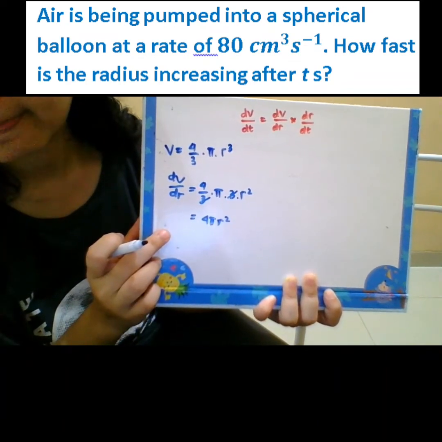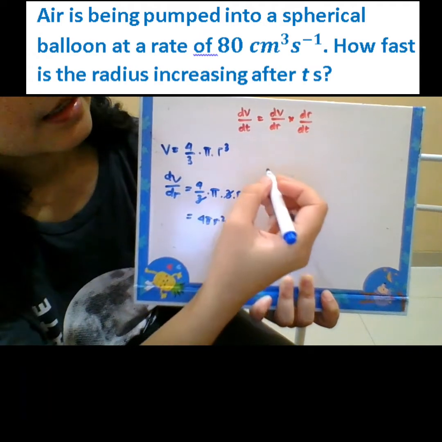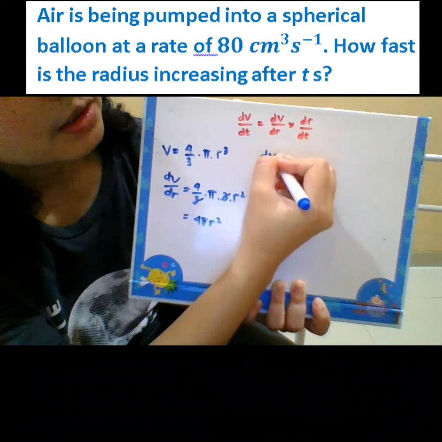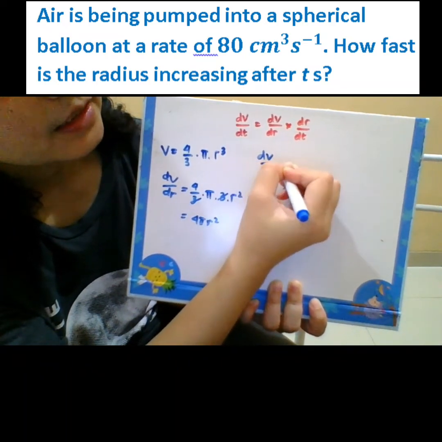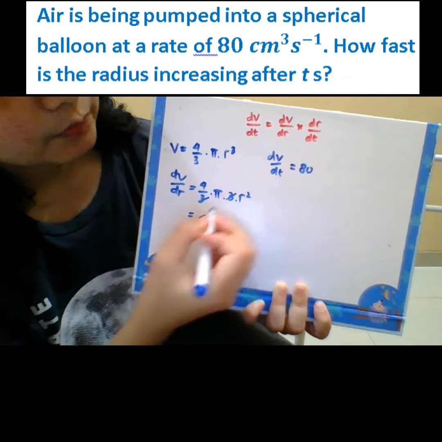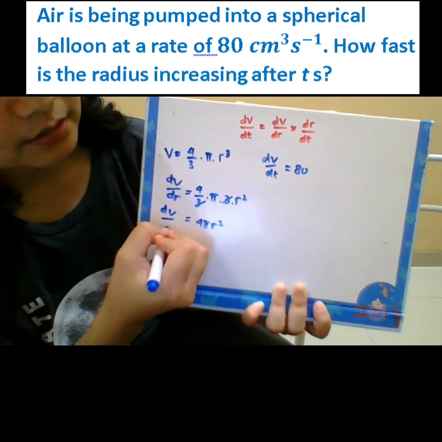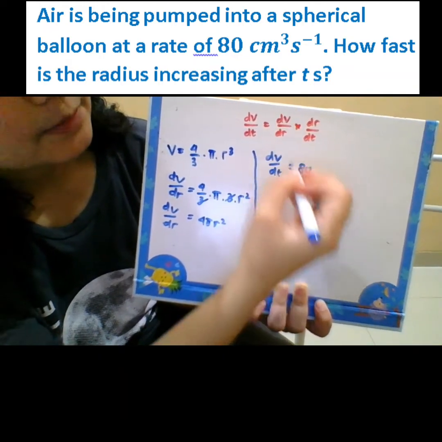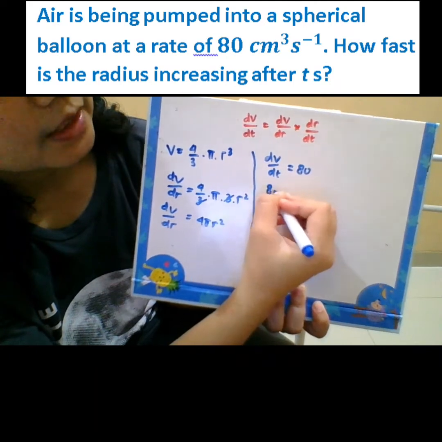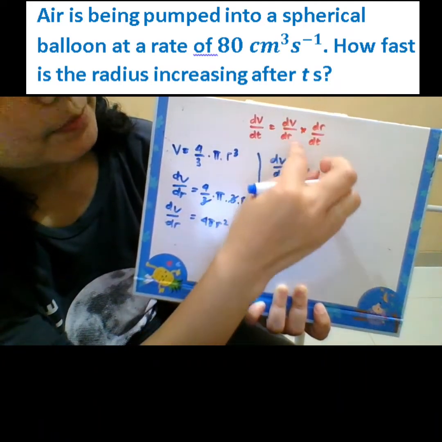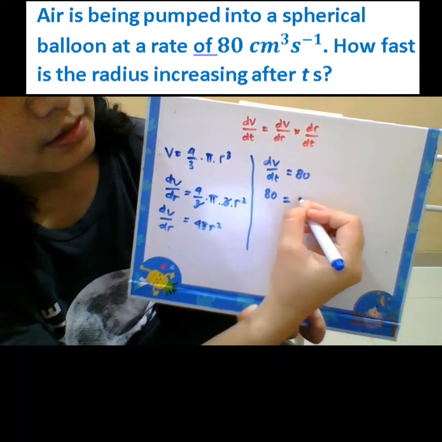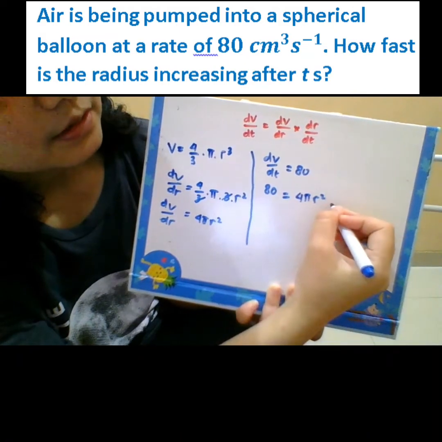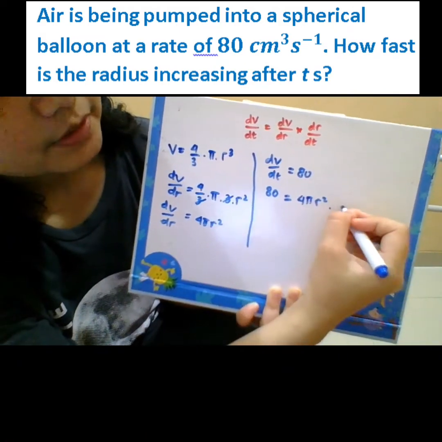Okay, and then at first we have dv per dt, which is equal to 80, and now we have dv per dr. So we can easily find dr per dt. Just substitute into that equation. So you have 80 equal to dv per dr, which is 4 pi r square, times dr per dt.